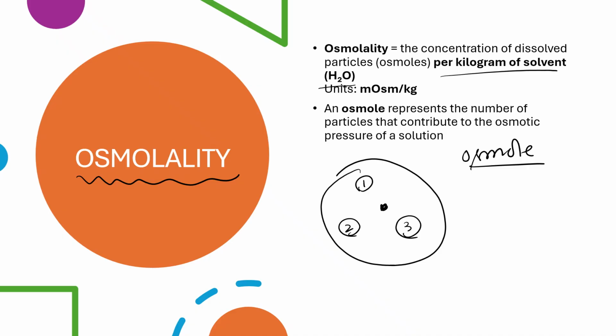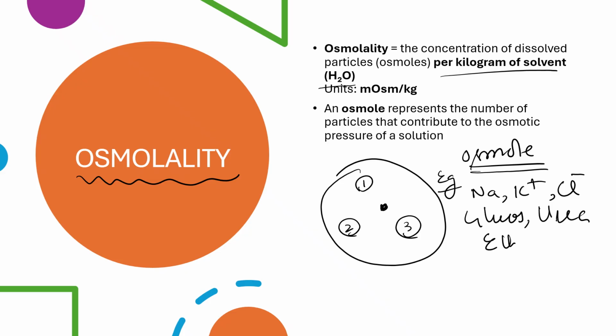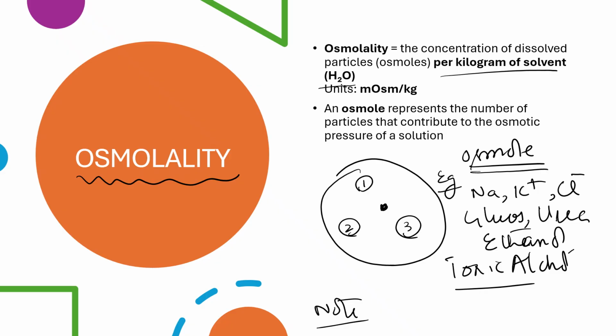What kind of particles can exert osmotic forces, or can be considered as osmols? Examples are sodium, potassium, chloride. There can be small molecules like glucose, urea, ethanol, or sometimes toxic alcohols like methanol, ethylene glycol. Keep in mind that osmolality depends on the number of particles, not their size or weight.